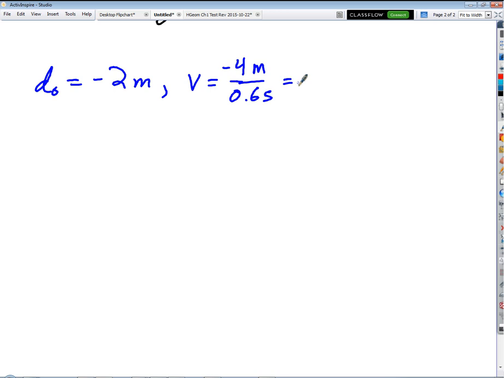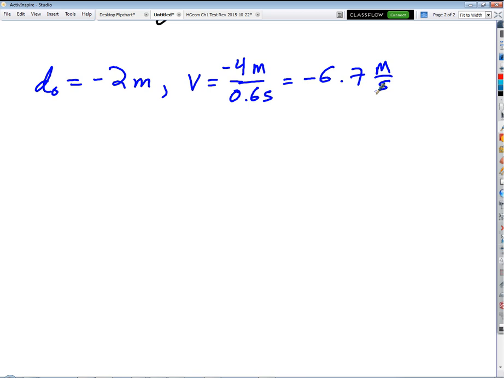And so that works out to be -6.6666, repeating, right? To how many places do we have here? 2? I don't care if you rounded it correctly. -6.7 meters per second velocity.